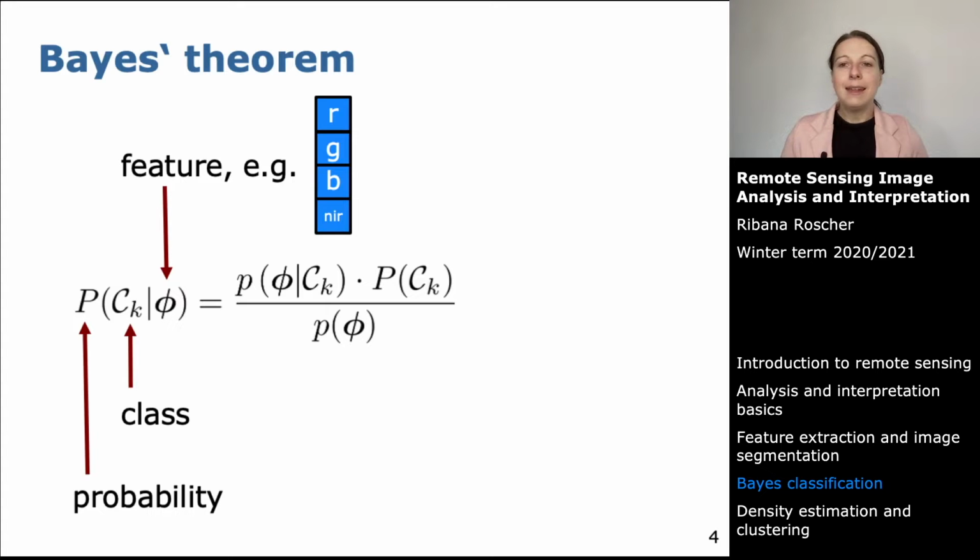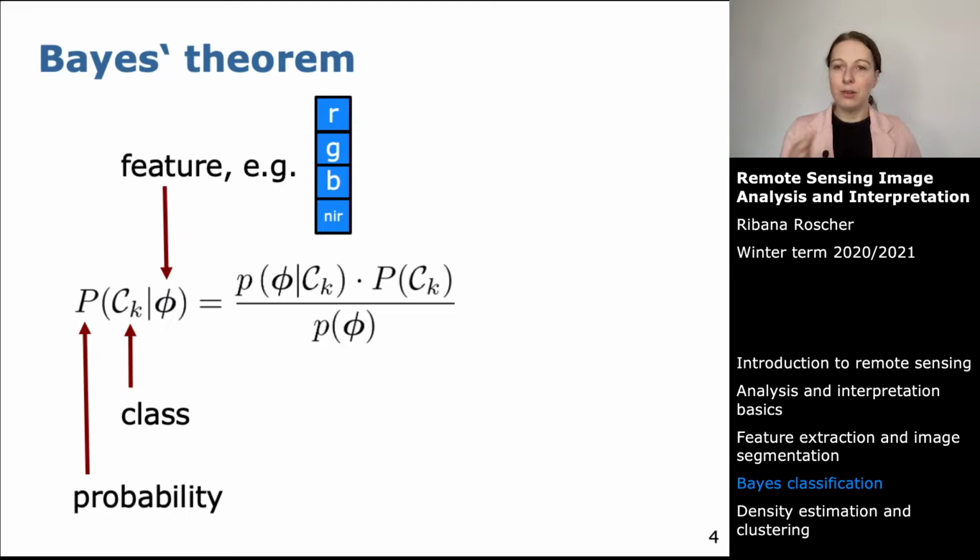So C_k are the classes, and k is the index for the class. The capital P is a probability. Probabilities are discrete values, and for each class the values are between 0 and 1, and also for all classes they sum to 1.